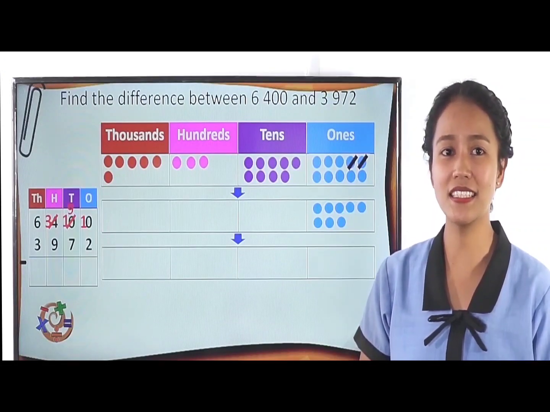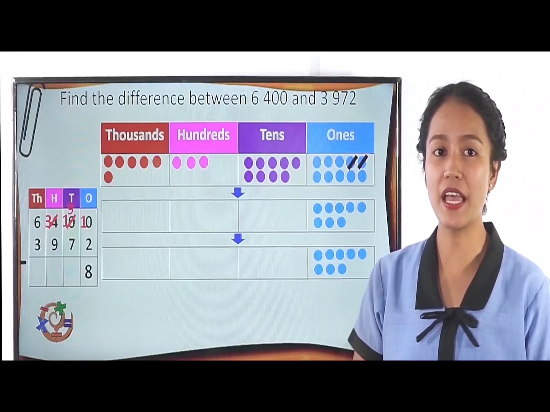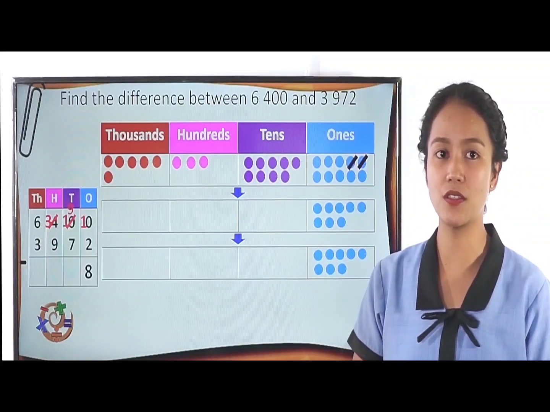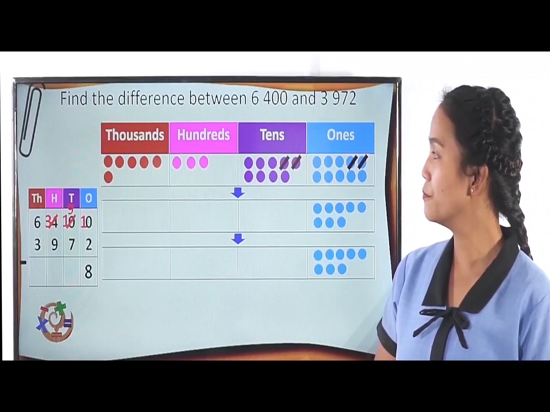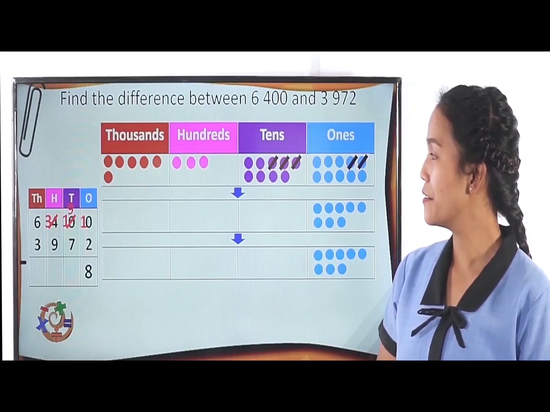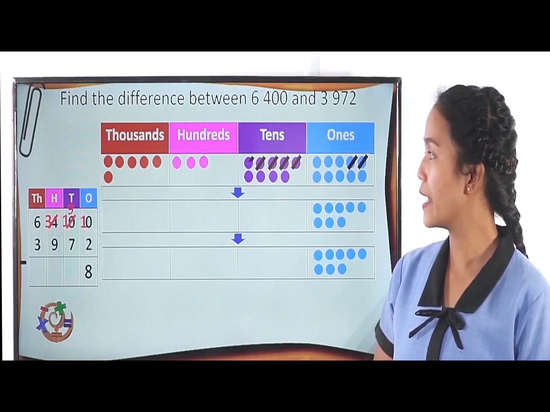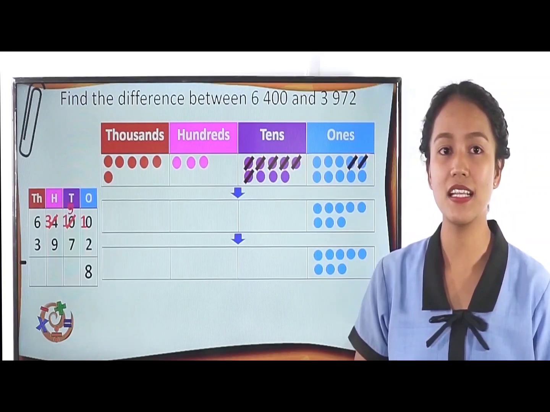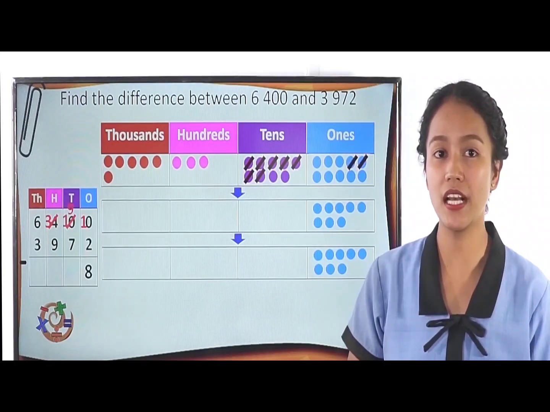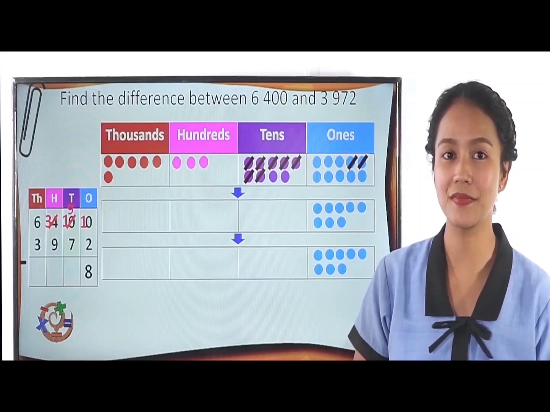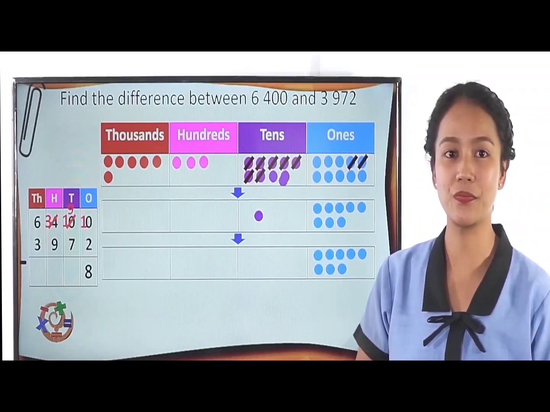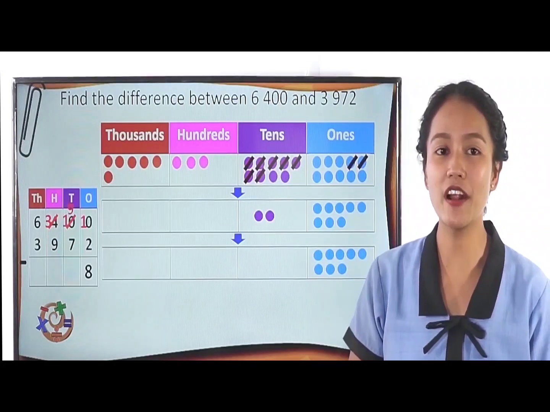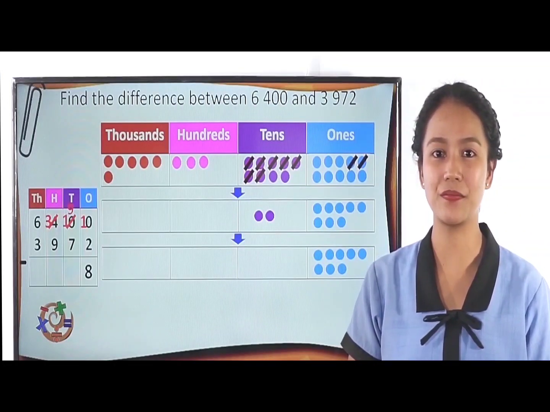Now, look at the tens column. Remove 7 counters from 9 counters. 1, 2, 3, 4, 5, 6, 7. How many counters are left? Let's count. 1, 2. Alright, there are 2 tens left.